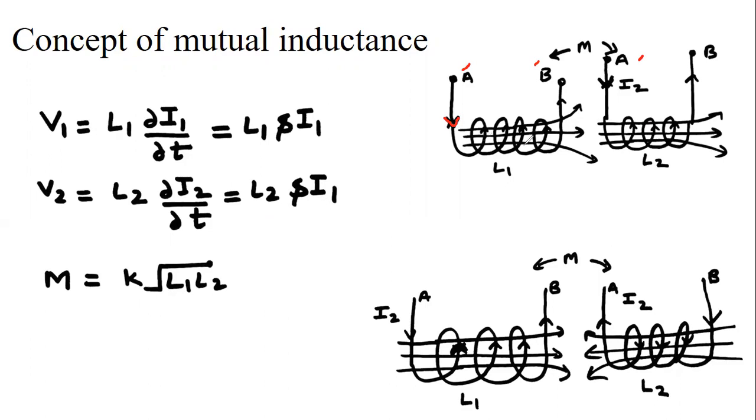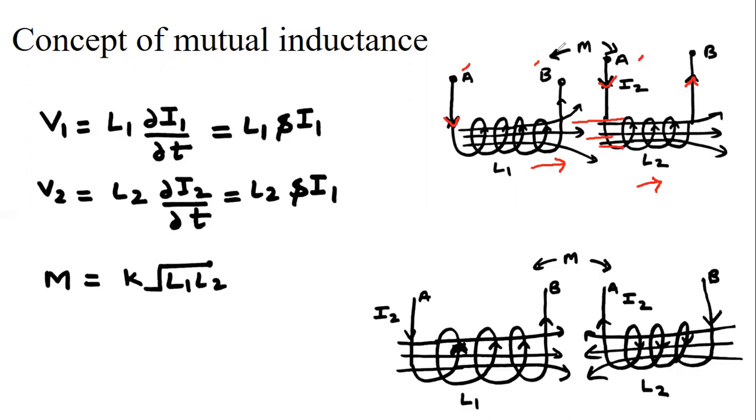If the thumb represents your direction of current, then your fingers always represent the direction of the flux. So suppose if the direction of current in the coils is the same, then the flux of one coil supports the flux of the second coil. Okay, so this coil's flux also passes through the second coil.